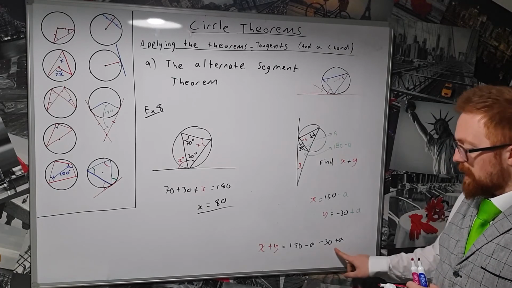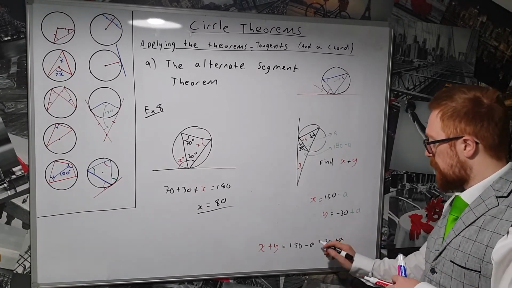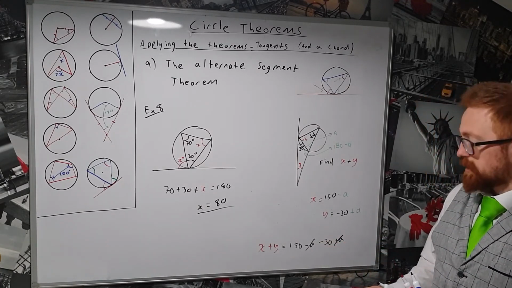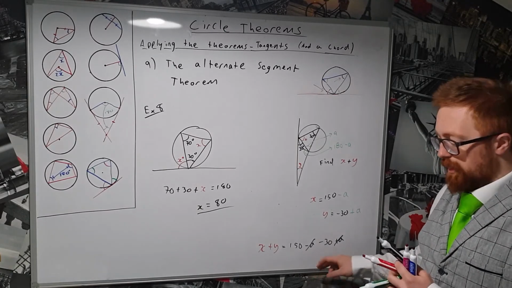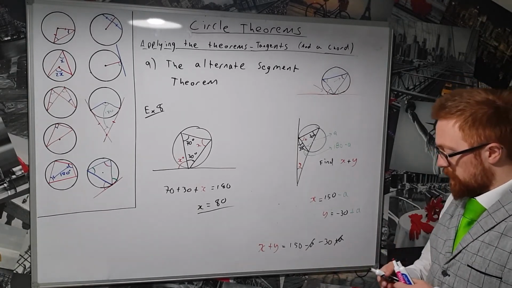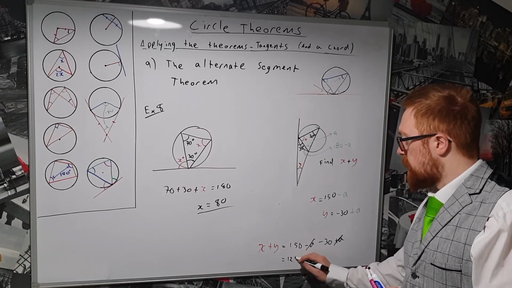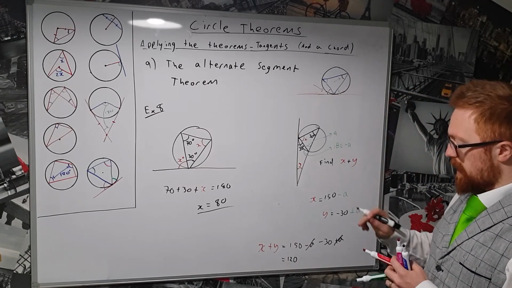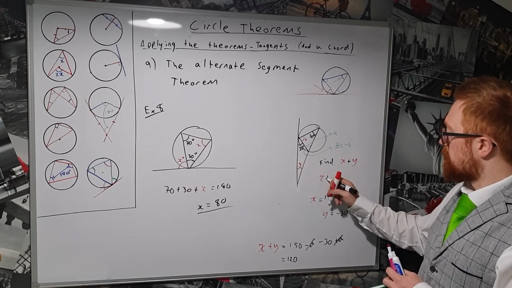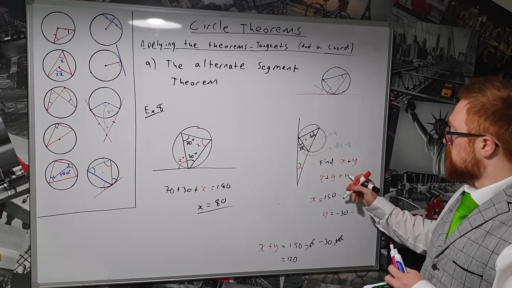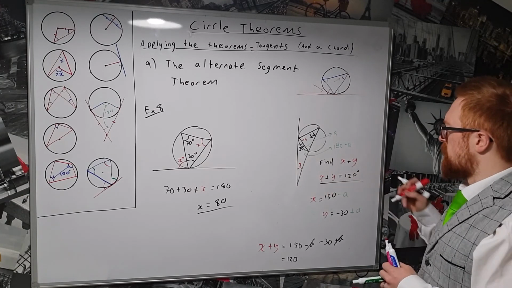My minus A and my plus A are going to cancel. And I'm just left with 150 take away 30, which gives me a value of 120. So I know that x plus y is equal to 120 degrees.